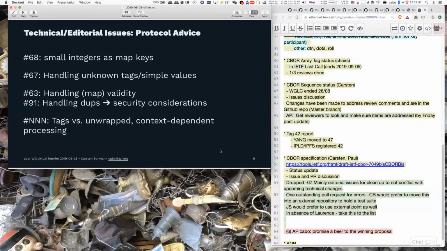Yeah, but then some security considerations probably need to be in the main document. Right, but things like 68, 67, and the unwrapped tags versus wrapped tags all seem to be more a BCP sort of thing. Yep.